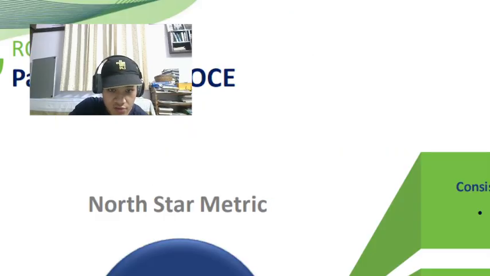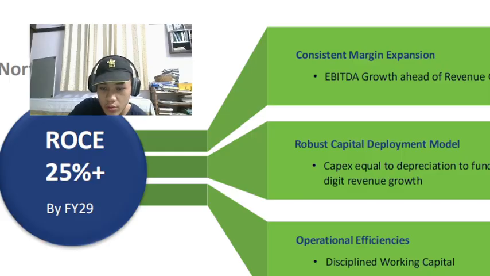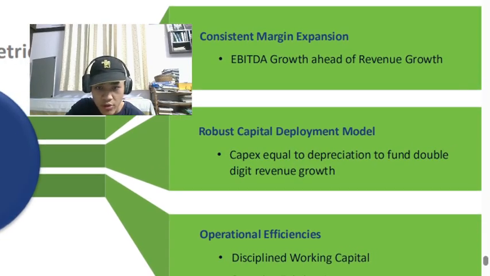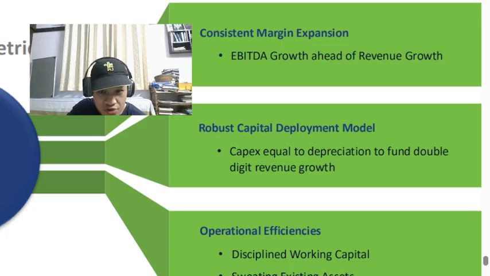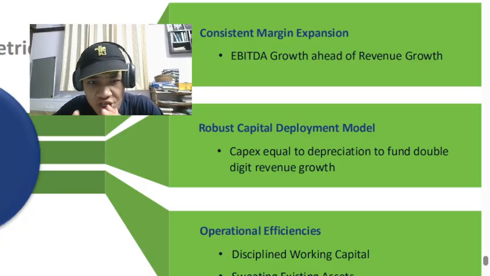Moving on, we have the last thing, path to... okay, we already did this. Yeah, return on capital employed. It's the same thing, but it is a robust capital deployment model. They expanded a bit. Capital expenditure is going to be equal to depreciation to fund double-digit revenue growth. So capex is going to be equal to depreciation.